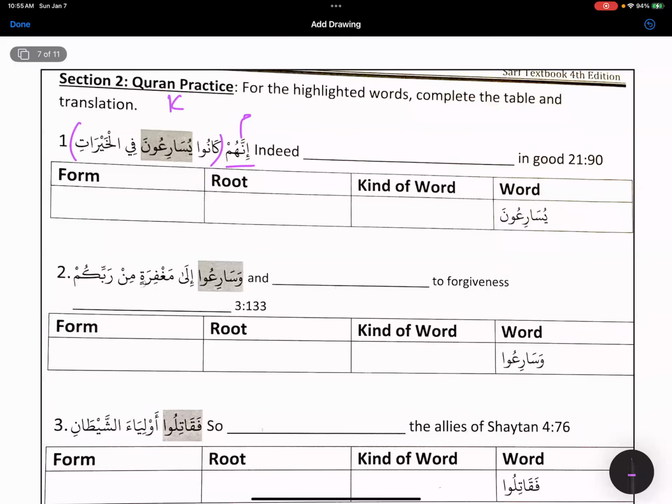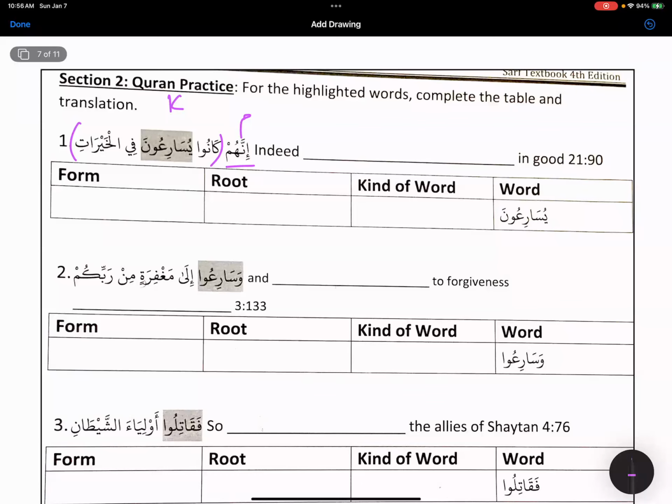And this is our jumla fi'liya. Now we can further dissect our jumla fi'liya. So kanu, how are we going to label it? We treated it as a jumla ismiya. Kanu is a fi'l naqis. Where is the ism of kana? The waw under kanu. Who?